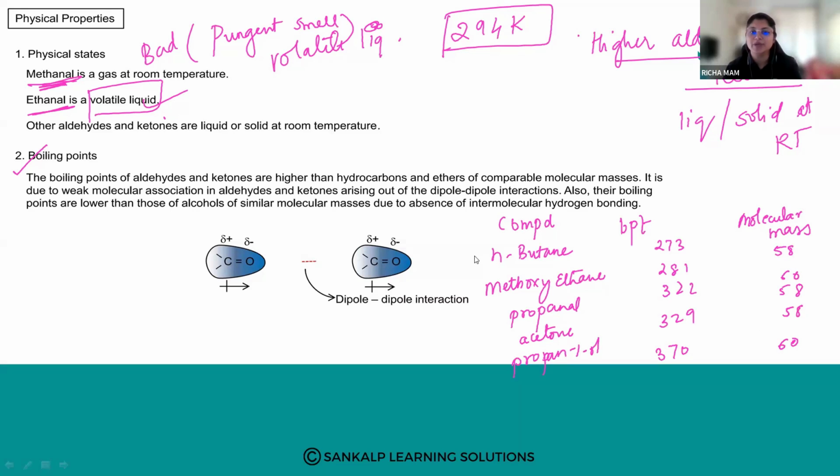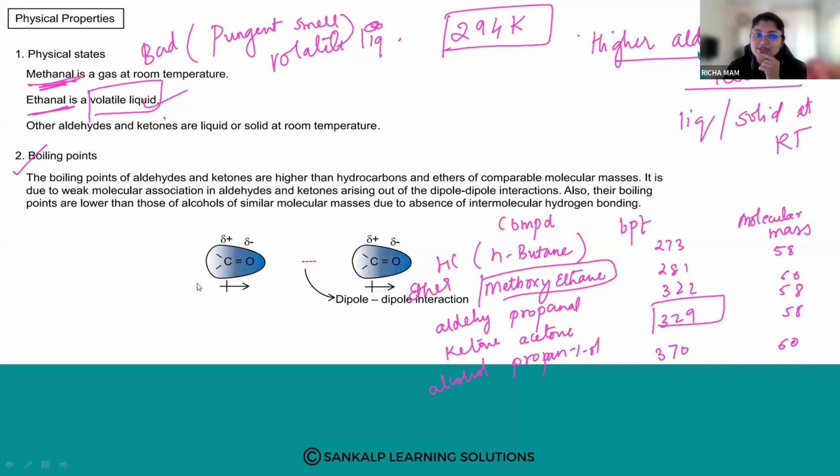What you can see here: N-butane is a hydrocarbon. Methoxyethane is a methoxy substituted hydrocarbon, an ether. Then propanal is an aldehyde, acetone is a ketone, and propan-1-ol is an alcohol.